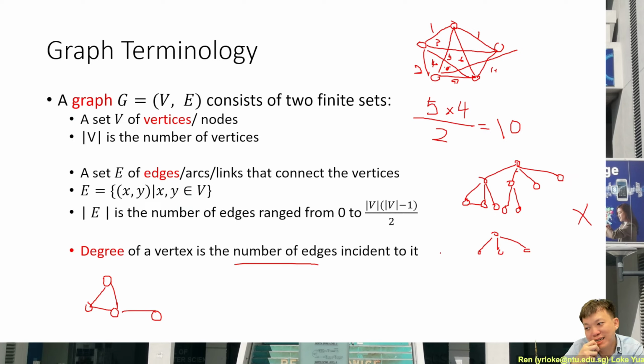Can I say yes or no? It's a different term. Based on the definition of an Euler circuit, it is a circuit that uses every edge in the graph exactly once. That is the definition.